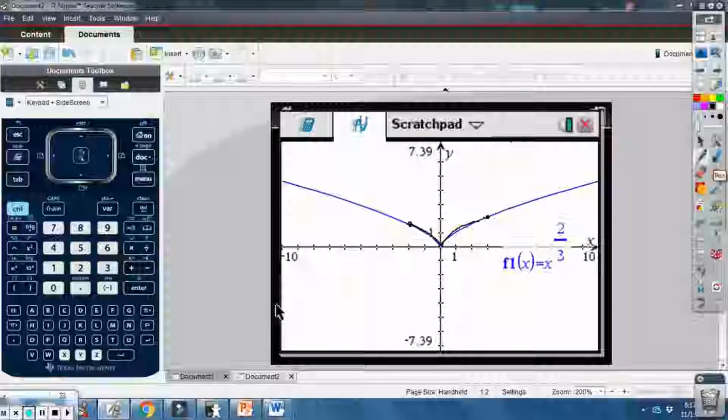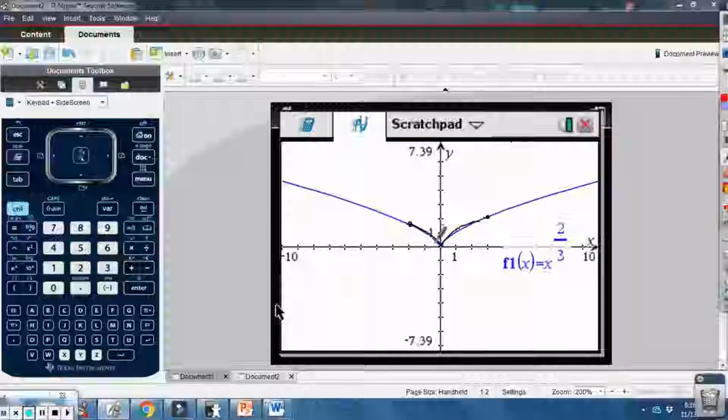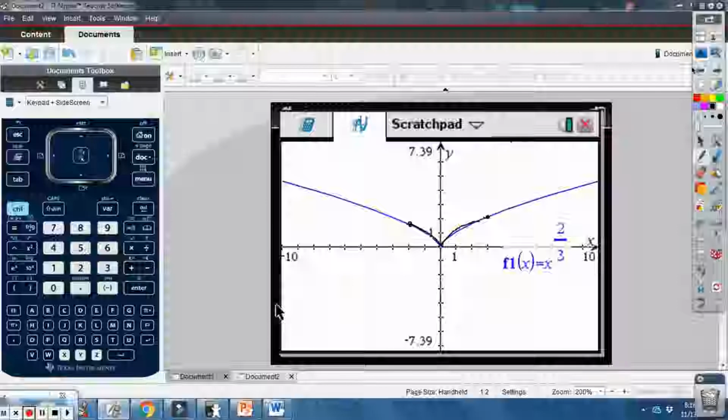But I do want to find that analytically. I just wanted to know an idea of what I expect the maximum and the minimum to be before I get started. So I graphed this and saw that my max is going to be around x equals 3, and my minimum is probably going to be 2.